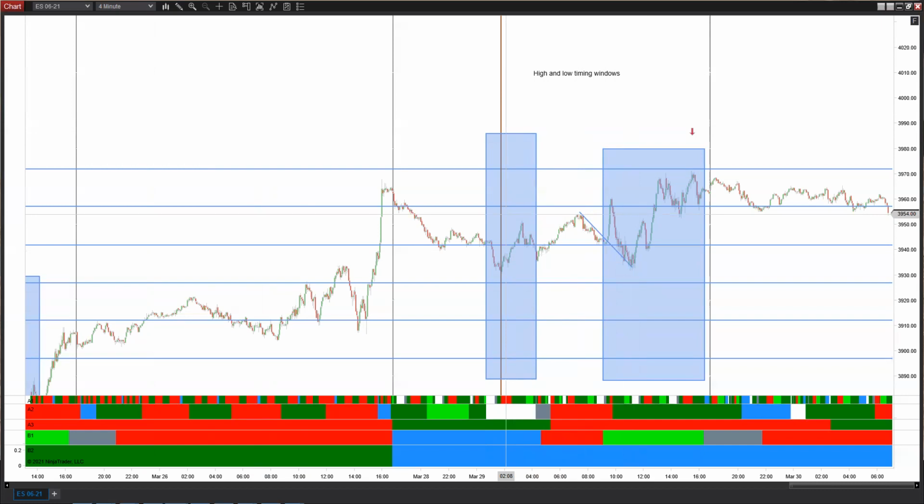Now this particular indicator here on this chart is completely different than the green line, blue line Excel sheet from the last chart. So what you have are two non-correlating trend prediction tools that are working together. You can see when we hit this green window here on the A2 panel, we expect to trend up.